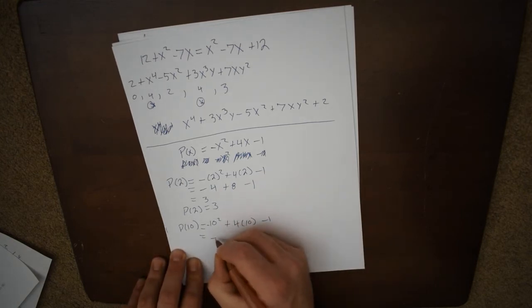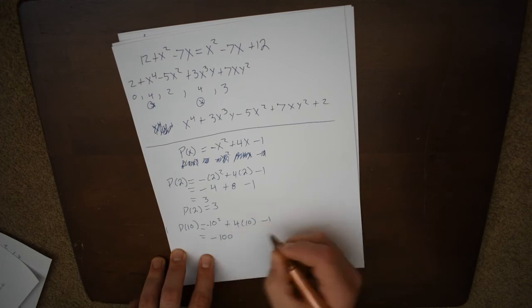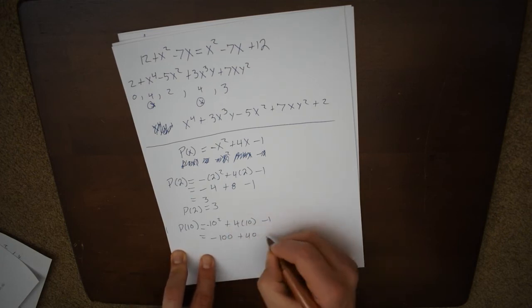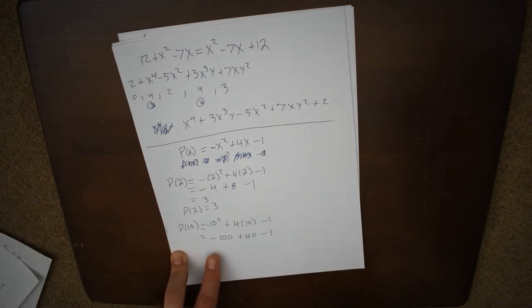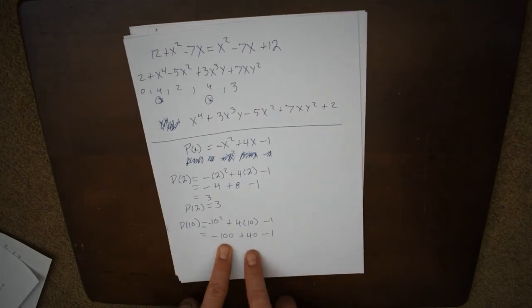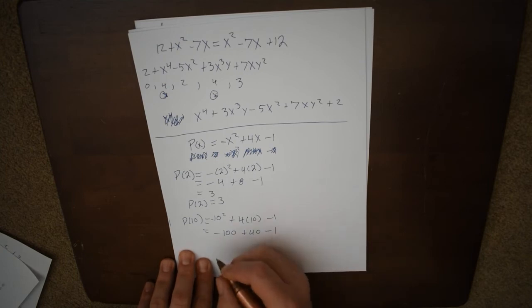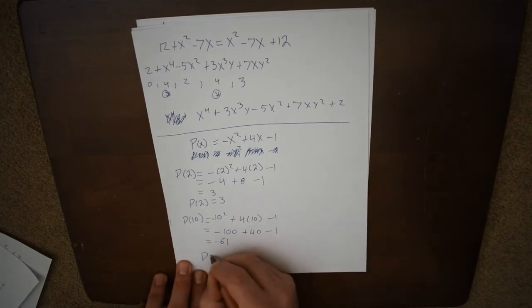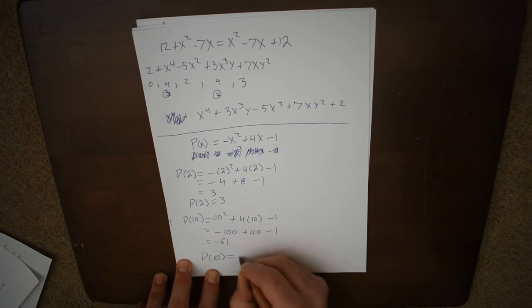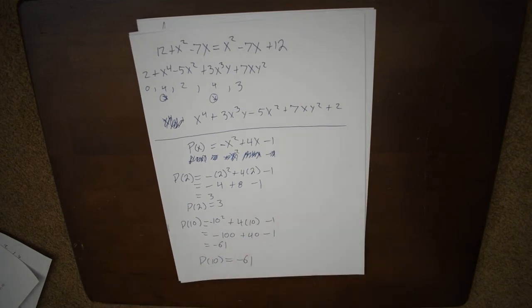That would give us negative 10 squared is negative 100, plus 40, minus 1. Negative 100 plus 40 is negative 60. Take away 1 is negative 61. And we get p of 10 is equal to negative 61.